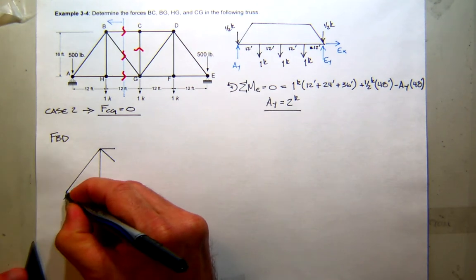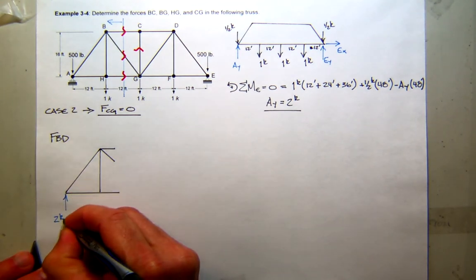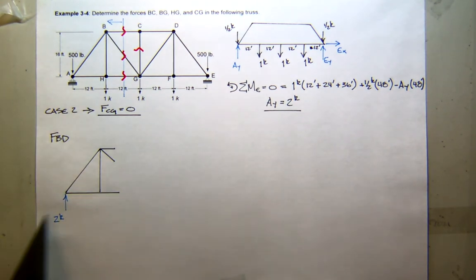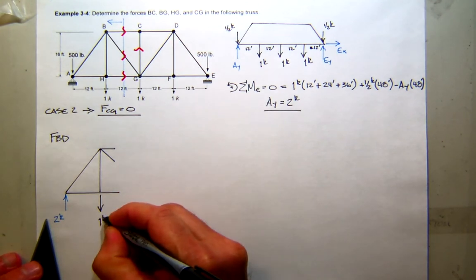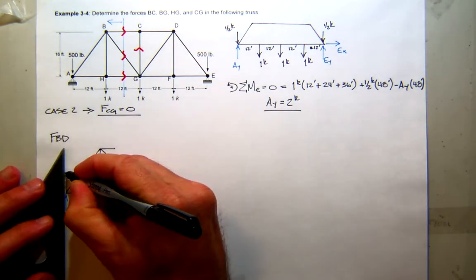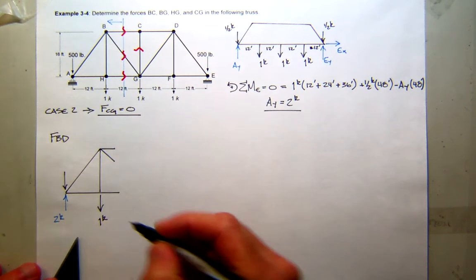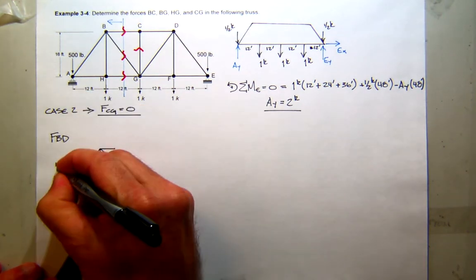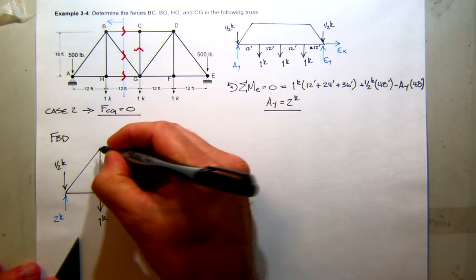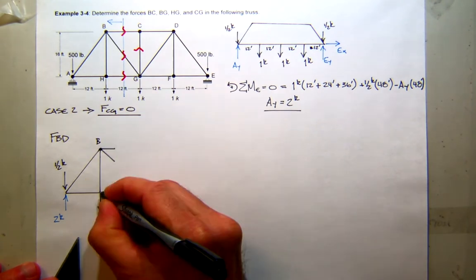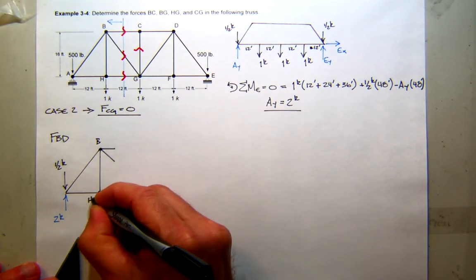It was acting up, and that's 2 kips. I have at H a down force of 1 kip. And over here, at the very beginning of the structure at A, I have another half kip force. I'll just go ahead and put some notation there so we can remember that.